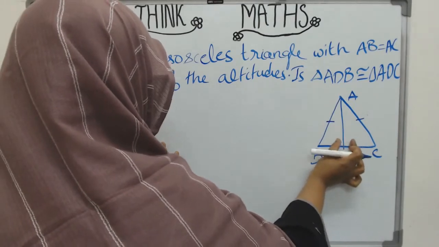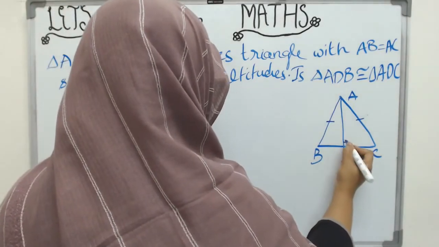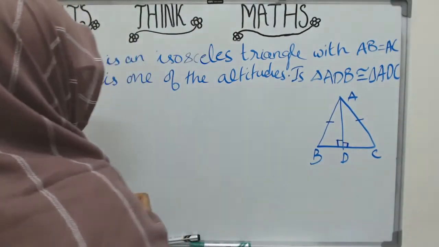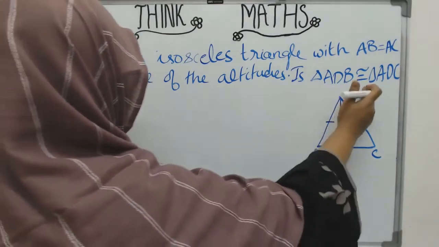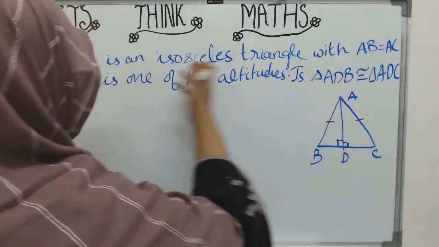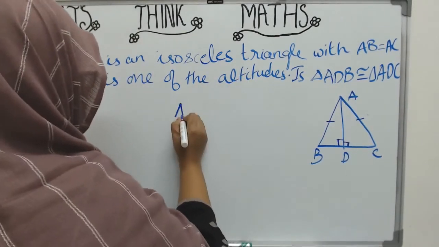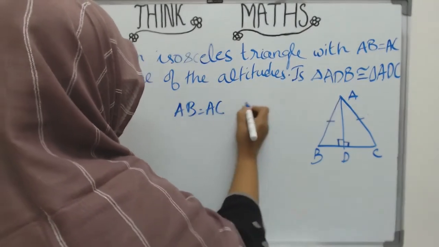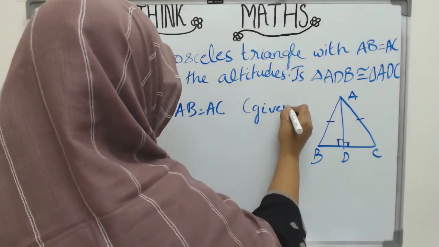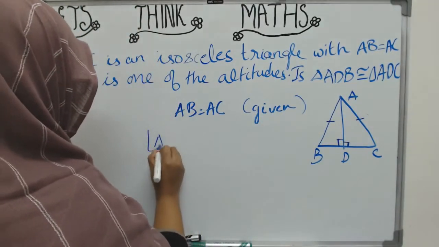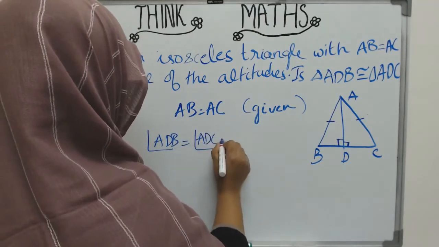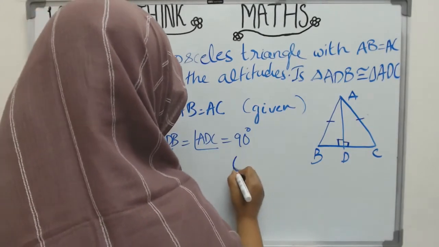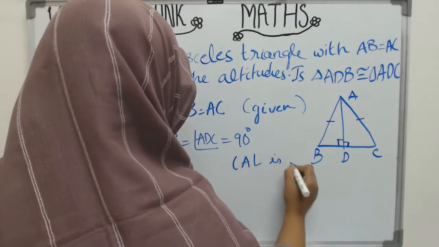So if AD is an altitude, what does that mean? It makes right angles here. So this is 90 degrees and this is 90 degrees. So what congruence criterion do we have to use here? RHS, right? So we already know that AB and AC are equal, because it's an isosceles triangle, so AB is equal to AC, which is given, and angle ADB is equal to angle ADC is equal to 90 degrees. Why? Because AD is the altitude.